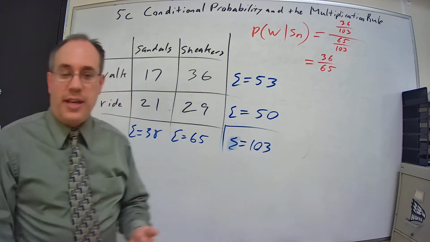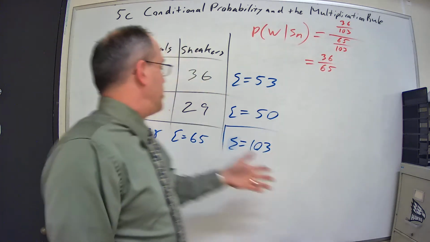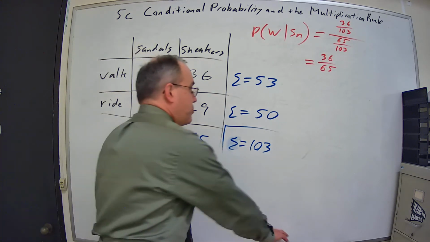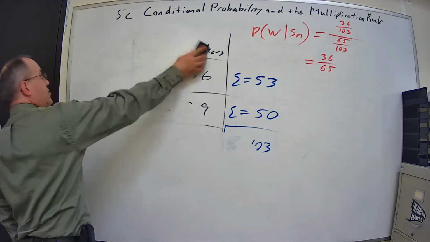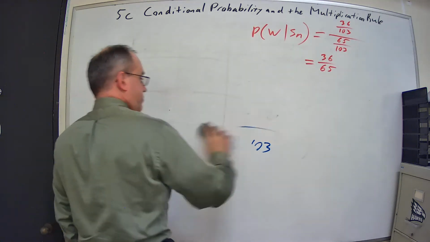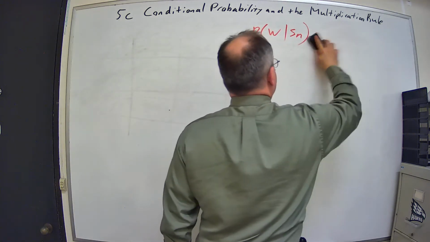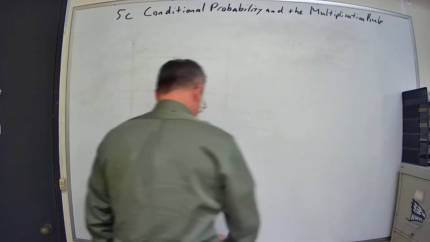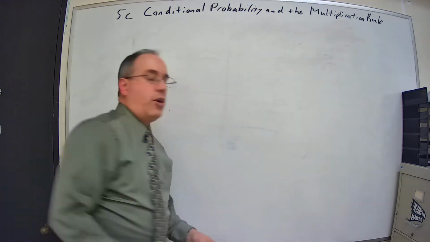Now I know you're looking at this and going, but Mr. Davis, why would I want to do all this when I can just pull that straight out of the contingency table? Well, that's because that contingency table is not always there for us. So let's look at an example where we don't have that.